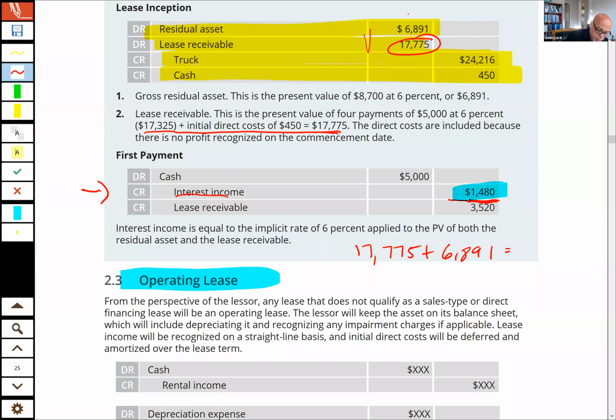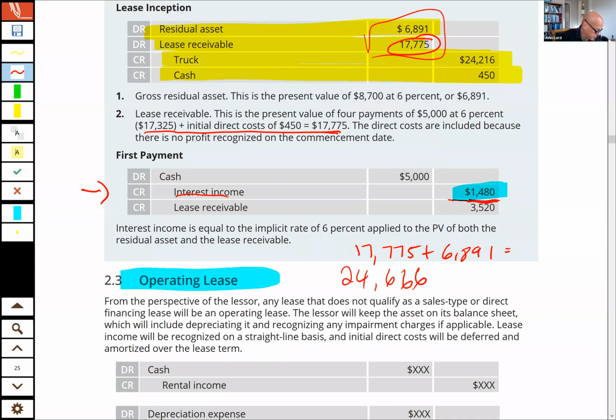These two numbers right here. That's my entire investment here. And when I add those two numbers together, do I get 24,664? Somebody got a confirmation on that number? I got 666. 666. Okay, I can't read my own writing.